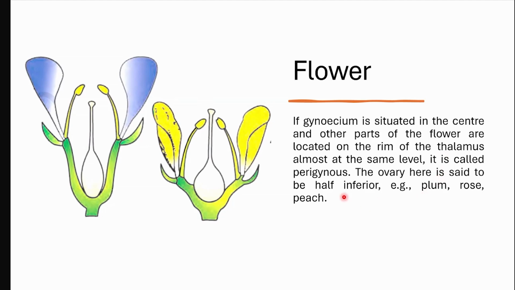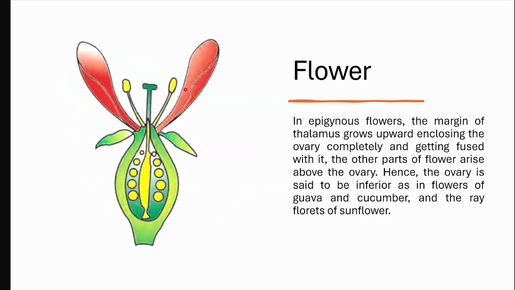And over here, the ovary is said to be half inferior. So in hypogynous, the ovary was superior. In perigynous, it is half inferior. So you can understand in which direction we are leading. The third one, the ovary is actually inferior. How come? Because in epigynous flowers, the margin of the thalamus grows upward, enclosing the ovary completely.